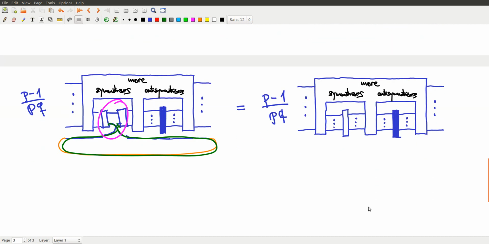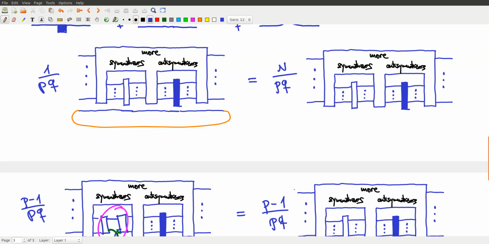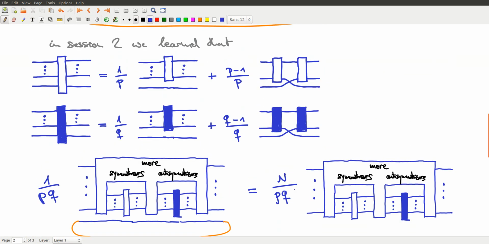Okay, and now what happens when we do the same thing with the anti-symmetrizer? So we put one symmetrizer here and two anti-symmetrizers here. That's the third term. Then again we get such a loop, this time for the anti-symmetrizers, and we get back the same diagram once more. And that comes with a minus (q minus 1) over q, because the recursion relation, oh, it's wrong here.